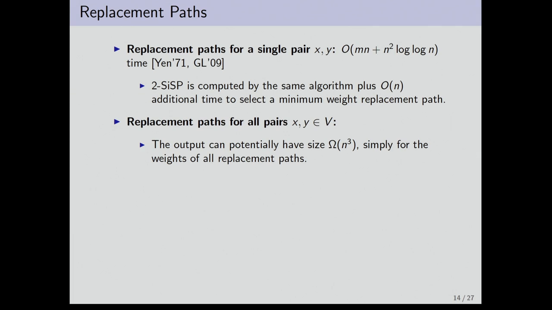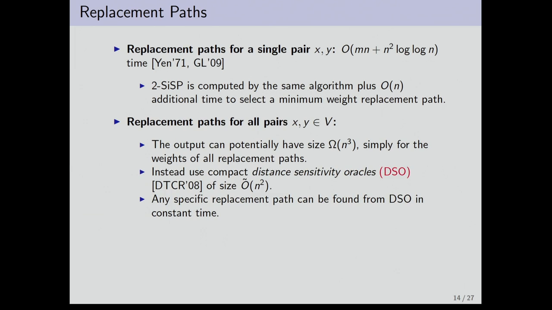Now the problem here is that if we try to do the same strategy as up here, we notice that the output could potentially have size n cubed, because for every pair xy, we have to have an output for every edge on the shortest path, the replacement path for it. So that's pretty large.